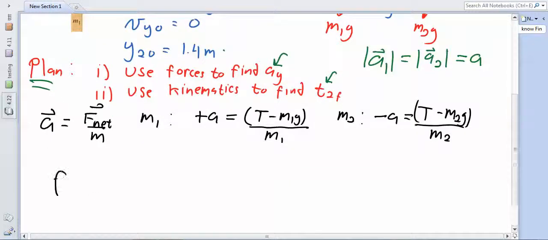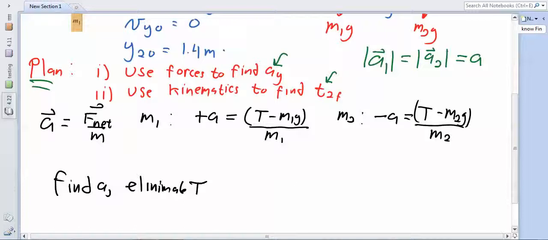So there we have a system of two equations and two unknowns, and I want to find the value of the acceleration, and so I need to eliminate the tension. And so the standard play for doing that is that I take each one of my equations and solve for the variable that I want to eliminate, and then I set those two equations equal to each other. So we have to be systematic about this.